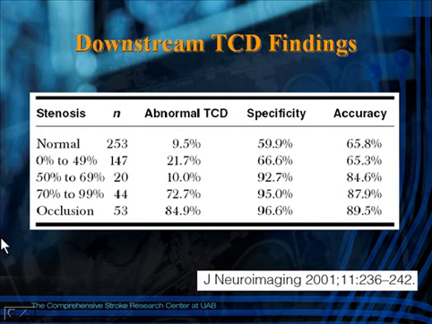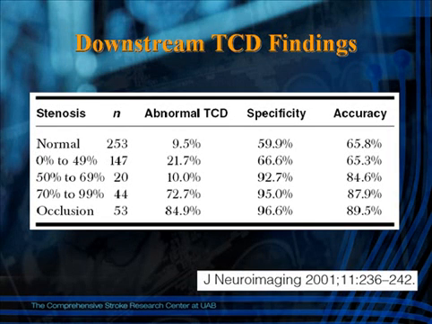As you can see, when the stenosis becomes severe, 70% to occlusion, the percentage of abnormal TCD findings rises dramatically, and that information is useful to confirm or rule out the hemodynamic significance of the ICA lesion.